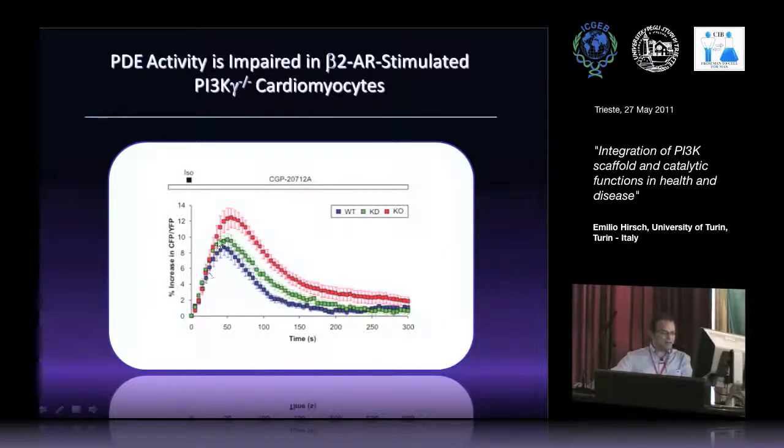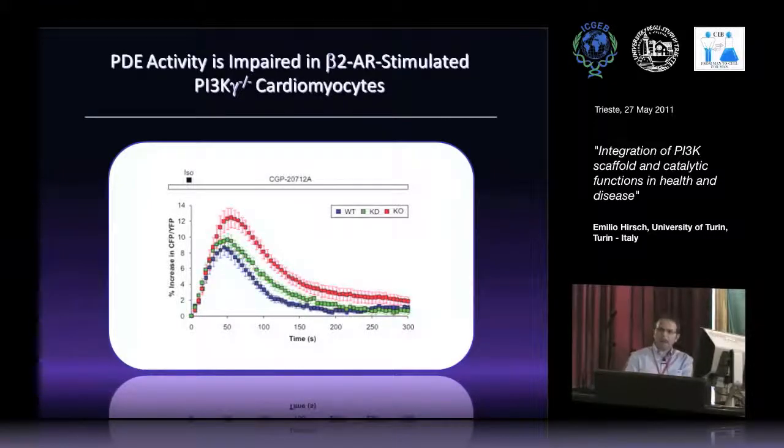The interesting thing is that in the knockout, where the scaffold activity is lost, cyclic AMP increases, but also the kinetics is shifted to the right, indicating that it's the destruction of cyclic AMP that is affected, and indicating that somehow it is the scaffolding effect of PI3 kinase gamma to PKA that allows the activation of phosphodiesterase in the cyclic AMP destruction.